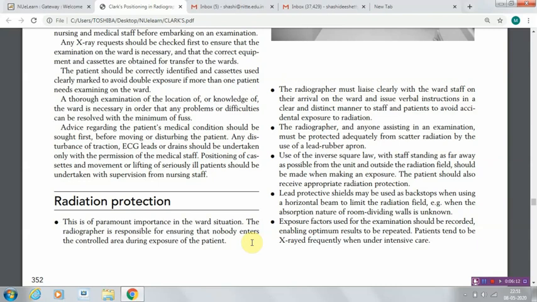So always should consider all of those parts. Whichever radiography you are taking in the ward is a mobile radiography. Portable radiography is not available everywhere. This is all called mobile radiography.